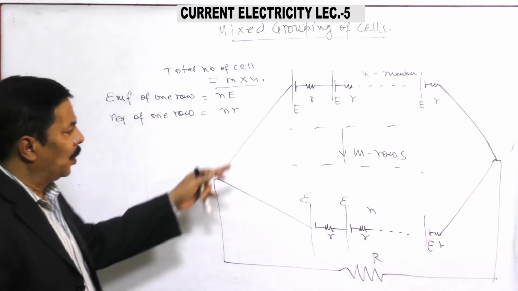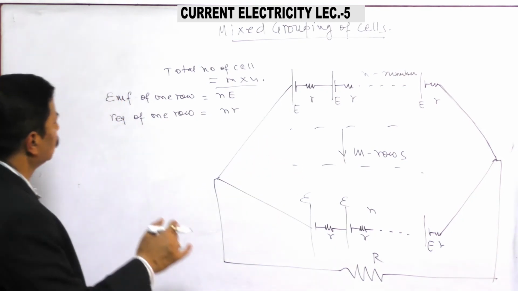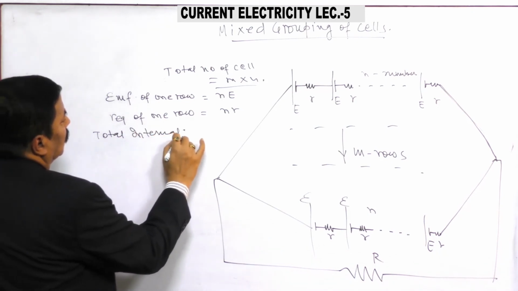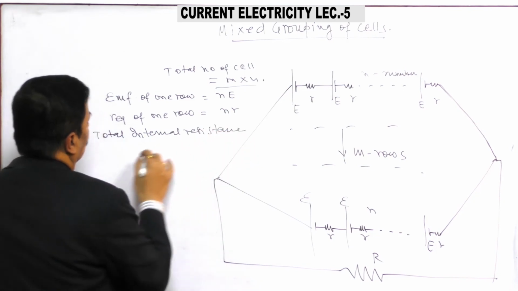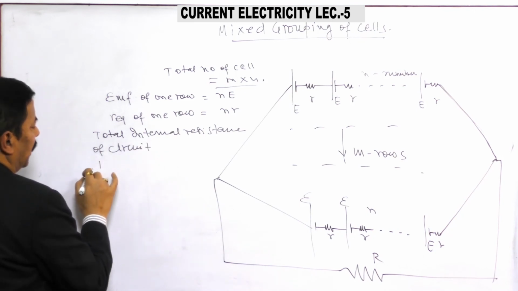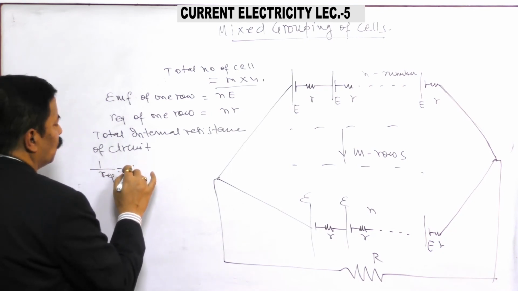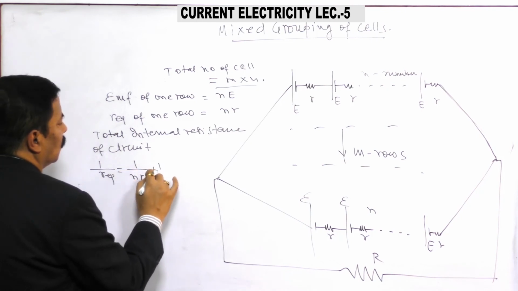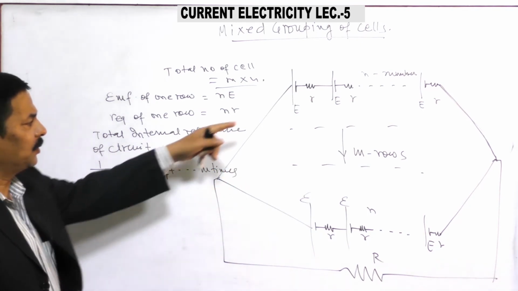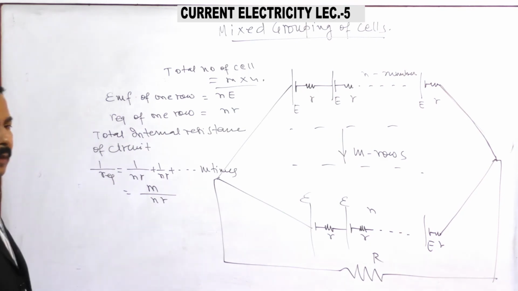Now the total internal resistance of the circuit: 1 by R equivalent, with m rows in parallel, m times, so it is m by nr.